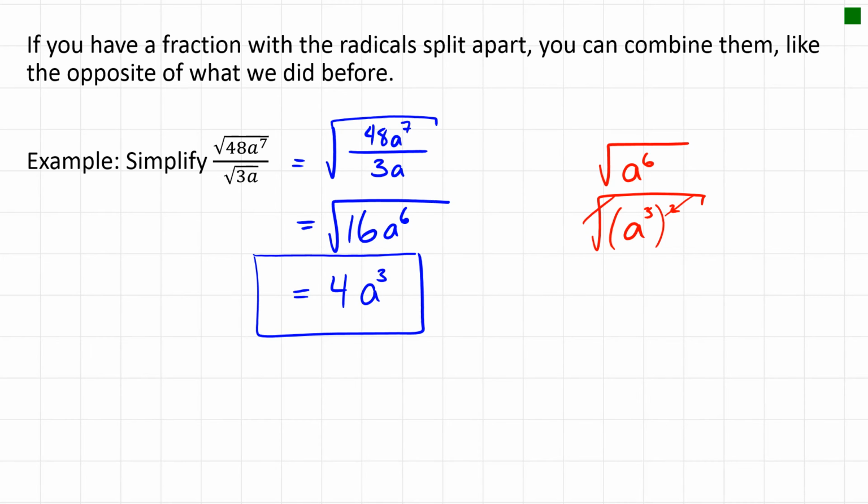And so when you're pulling out a to the 6, it's almost like you're dividing 6 by 2 to get the power that will be left over, which is a cubed.